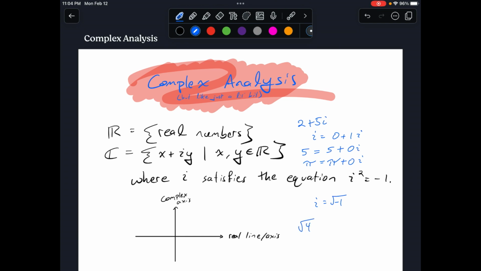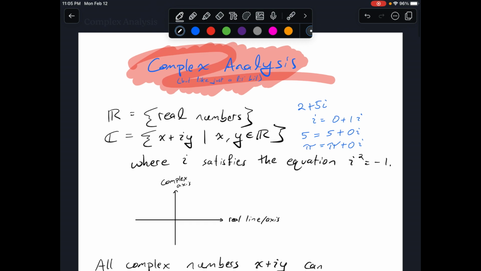So square root of 4, it could be plus or minus that number. So technically there are two choices to be made here. And so typically we'll just say i is a number that satisfies i squared equals -1, and you make a choice of what that number is from the start and then build your entire system out from it, right?